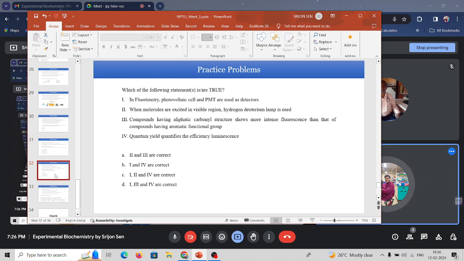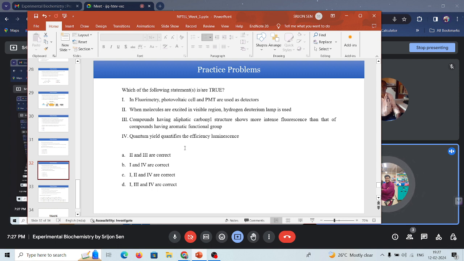Okay. The next one is another choose the correct option question. The statements in fluorimetry: photovoltaic cell and PMT are used as detectors. When molecules are excited in the visible region, a hydrogen deuterium lamp is used. Compounds having aliphatic carbonyl structure show more intense fluorescence than compounds having aromatic functional groups, and quantum yield quantifies the efficiency of luminescence.